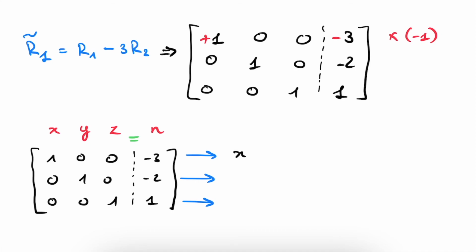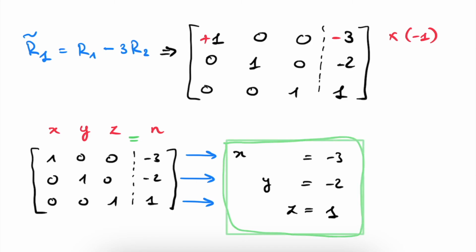So we get x is equal to -3, y is equal to -2, and z is equal to 1. And I've written it in this rather funny way because it resembles the way these ones on the diagonal are structured inside this matrix. And this is actually the final result that we have. x is -3, y is -2, and z is equal to 1.